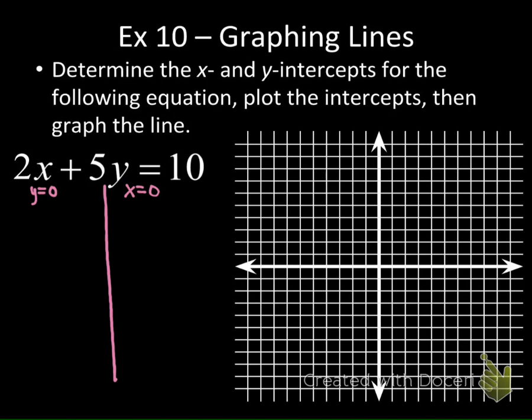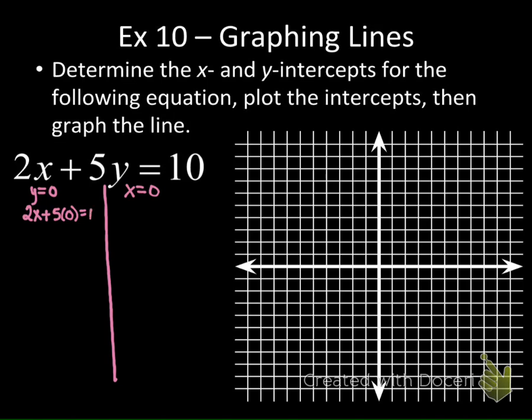Okay? So then I go back and I'm going to solve my equation, this time substituting for y. So how do I rewrite my equation if I'm substituting for y? 2x plus 5 times 0 equals 10.